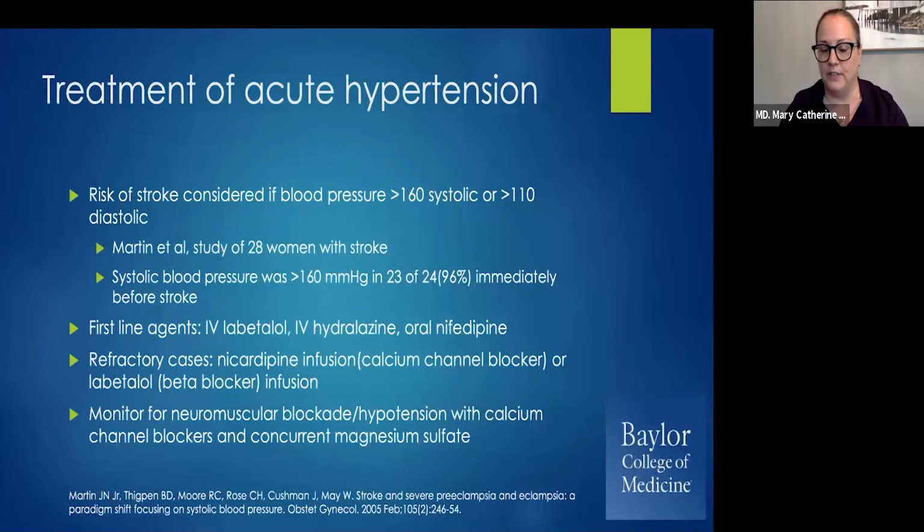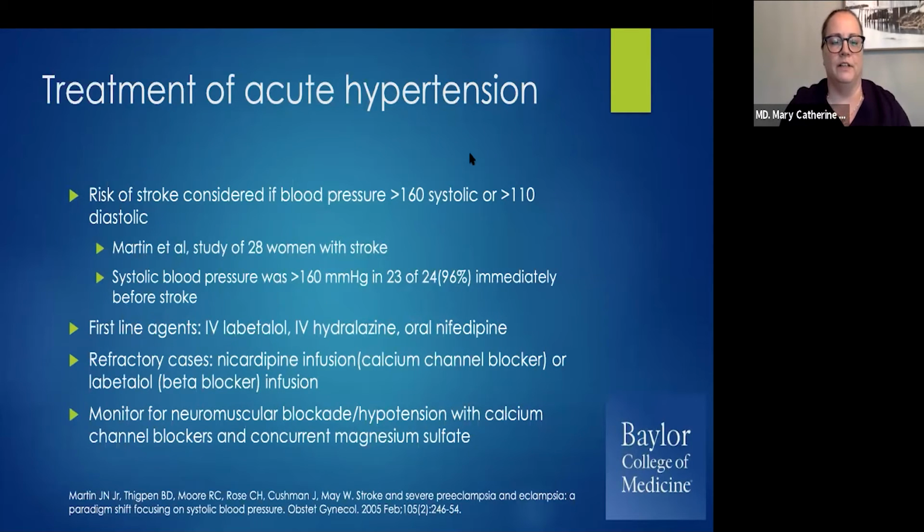And then for refractory cases, if we've given several one-time doses of these first line agents and are still having an issue with blood pressure control, we tend to use a nicardipine infusion, which is a calcium channel blocker. And less commonly, we use a labetalol or beta blocker infusion.